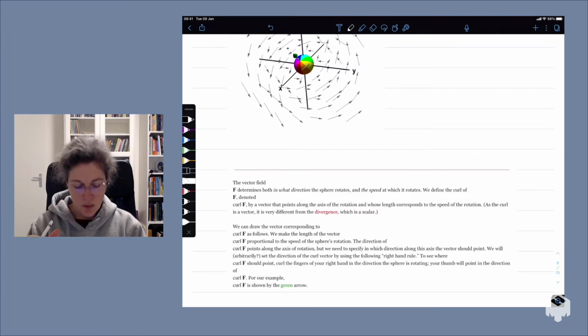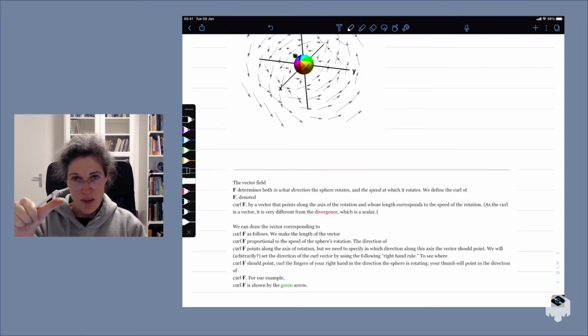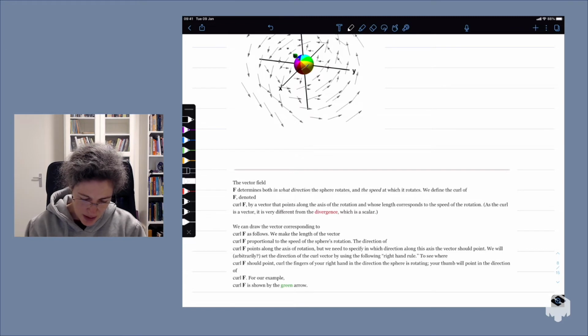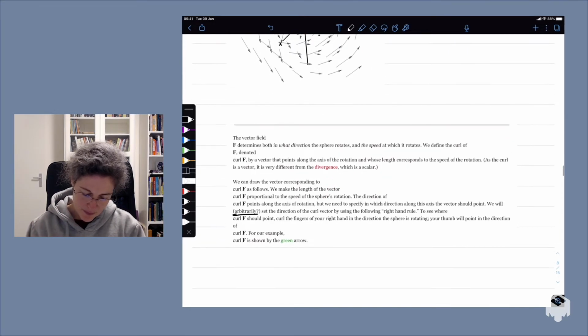We use a right-hand rule. So this is fairly arbitrary, that's something to note. We use a right-hand rule to see where the curl of F should point. Curl the fingers of your right hand in the direction the sphere is rotating, and your thumb points in the direction of the curl.